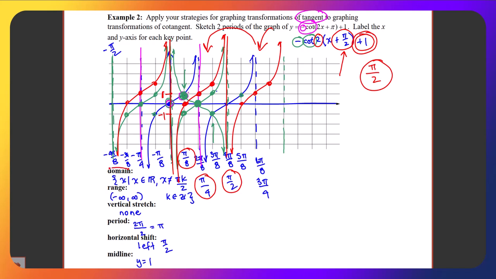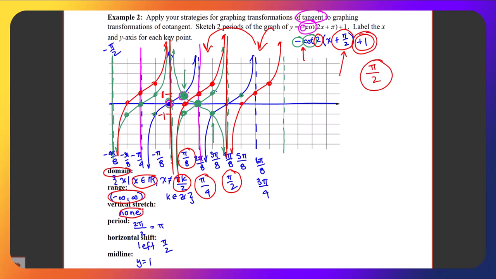So the domain is all real numbers except for where the asymptotes are. Again, they're at every pi over 2, as it so happens in this case. The range is all real numbers. There is no vertical stretch. There's nothing in front of the cotangent.